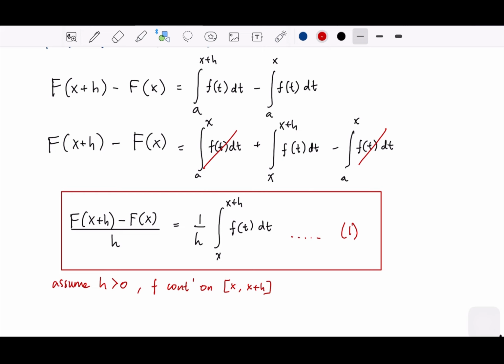Because this expression is basically, if we take the limit, that will be our definition of derivative. Right? If we take the limit as h goes to 0. But let's just take this expression as equation 1, and we are going to see how we are going to use this expression in another theorem.